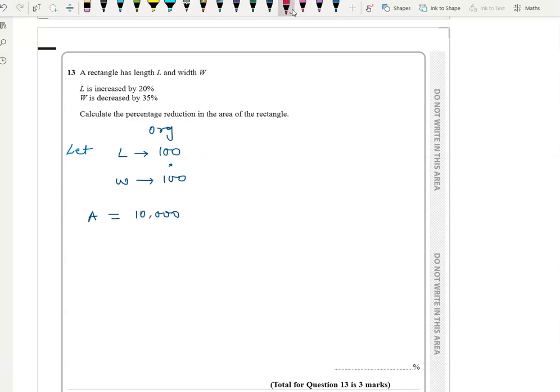Okay, now the new rectangle, the length is increased by 20%. So the new length will be 100 plus 20, so it becomes 120. The new width is decreased by 35%, so 100 minus 35 gives me 65. So I have the new length and the new width.